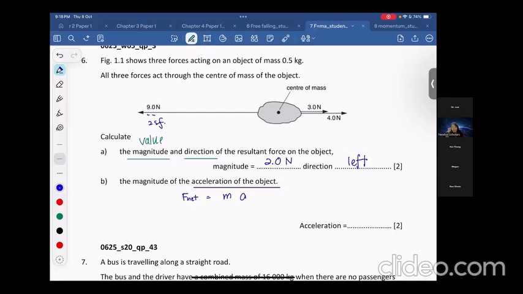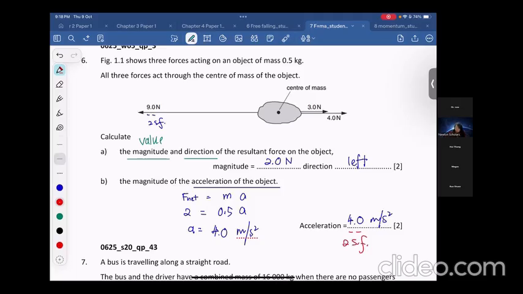Nothing to waste so long on, dear. Answer, yes, Teresa, 2 significant figures and your unit. Net force is 2, m is 0.5, a is 4.0 meter per second square. Make it 2 significant figures. Yes, correct.